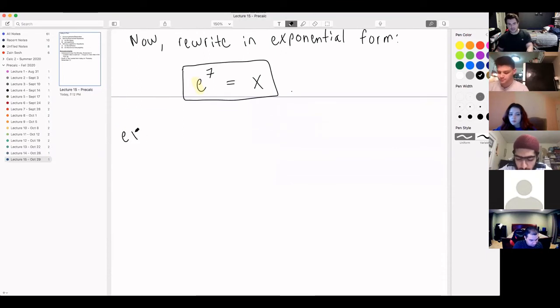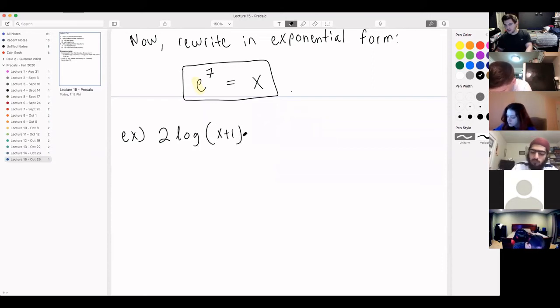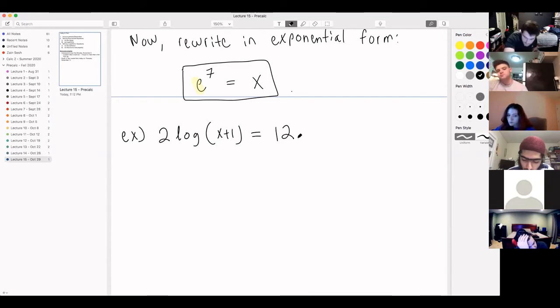These aren't really that bad. Let's do 2 times log of x plus 1 is equal to 12. This is the same exact deal.